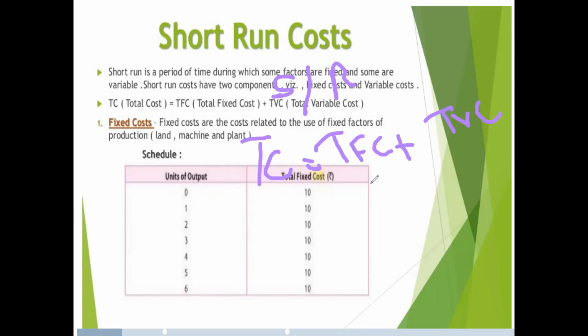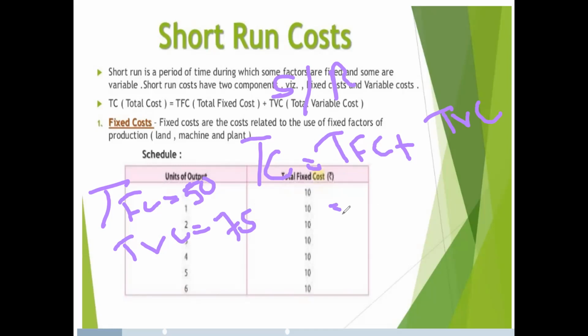So for example, if you want to calculate the total cost, TFC is equal to 50, then TVC is equal to 75. How do we calculate the total cost?